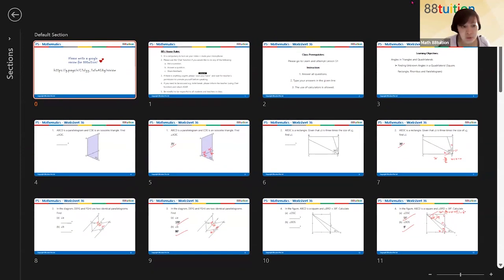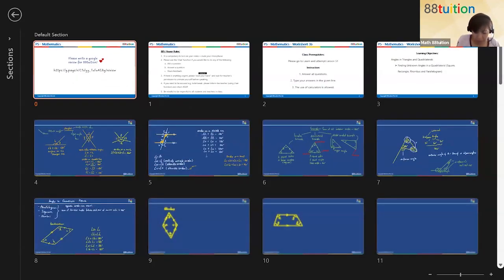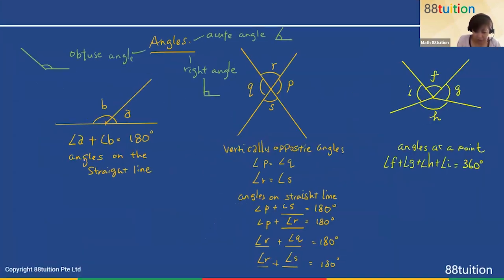Okay, last time we talked about angles. We have different names for different angles: acute angle, obtuse angle, right angle.